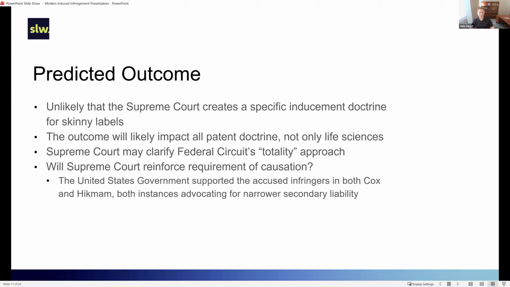And so if I had to guess and just predict, based on the Cox decision, I think it's likely the Supreme Court will either decline to clarify as Hikma has requested in the writ of certiorari, but also I think it is possible that they overturn the Federal Circuit's decision here and maybe either create some new law or apply old law in this context.